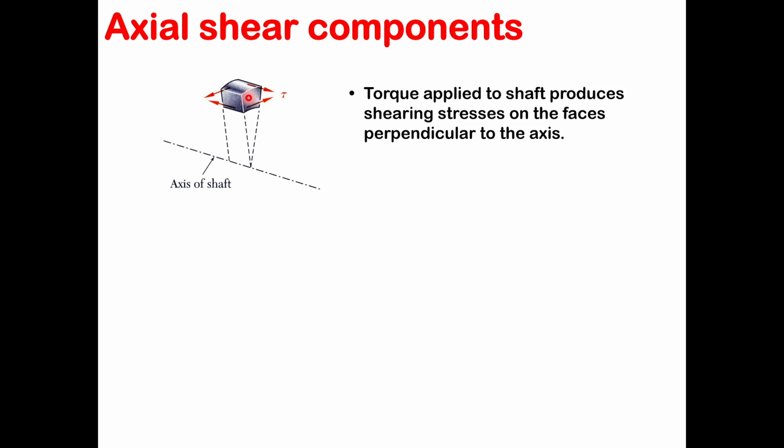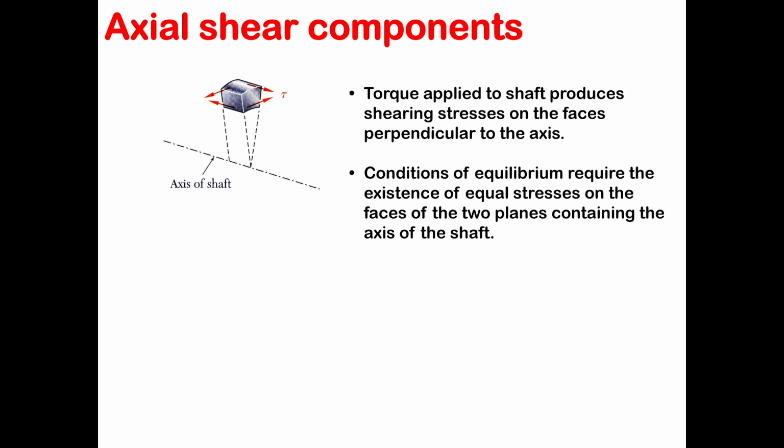And torque applied to the shaft produces shearing stress on the faces perpendicular to the axis, of course. So the conditions of equilibrium require the existence of equal stresses on the faces of the two planes containing the axis of the shaft.